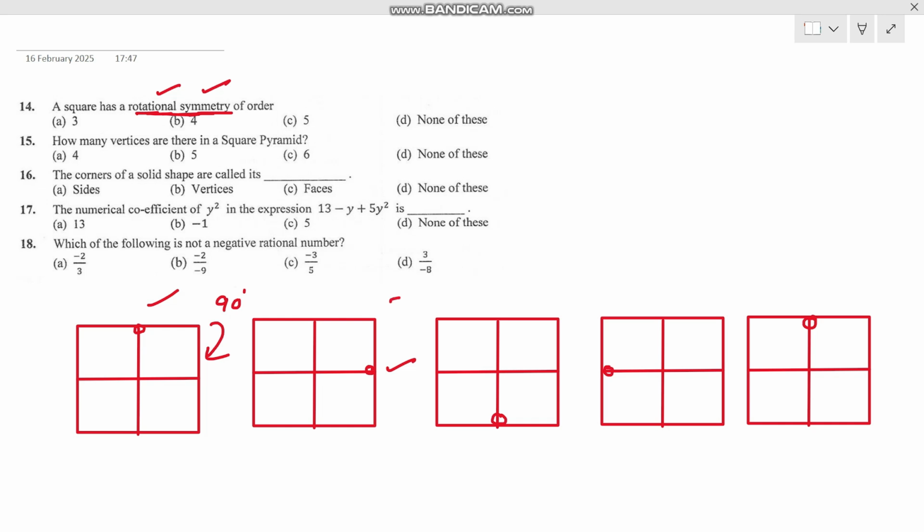Now again if we rotate 90 degrees in the clockwise direction, the shape will look like this. And again when we rotate it another 90 degrees, it looks like a square only. Now again when we rotate it 90 degrees clockwise, we get it back to its original position. So how many rotations are possible here? 1, 2, 3, 4. So order of 4, option number B.